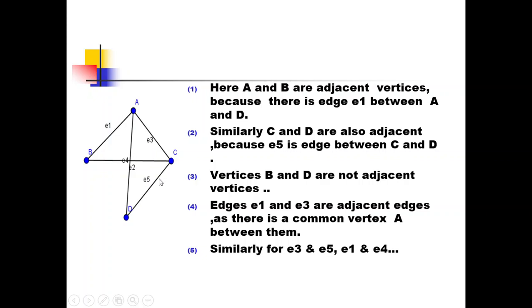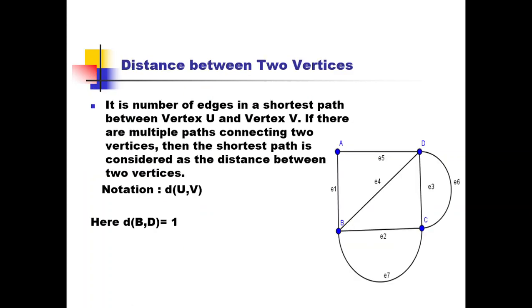E3 and E5 are also adjacent edges because they connect at C. But E1 and E5 are not adjacent edges because they do not connect at a single vertex. So that is called adjacency of vertices and adjacency of edges.